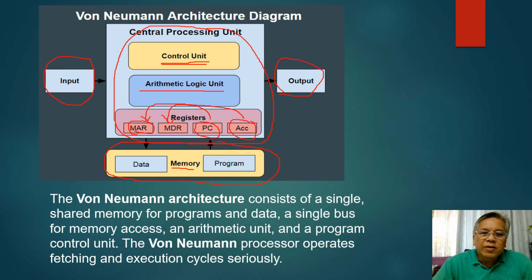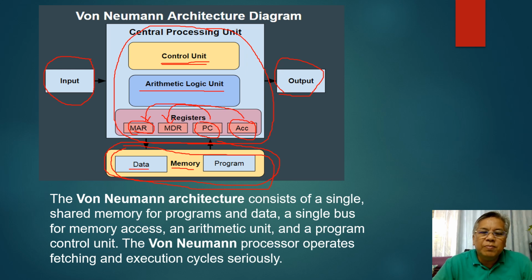And then through your MAR and MDR, this data or programs can now be transmitted towards your memory. Examples are your random access memory or your read-only memories. Okay, we know that data coming from your MDR will be stored into your memory under your data.